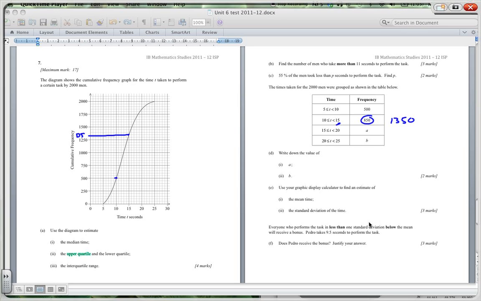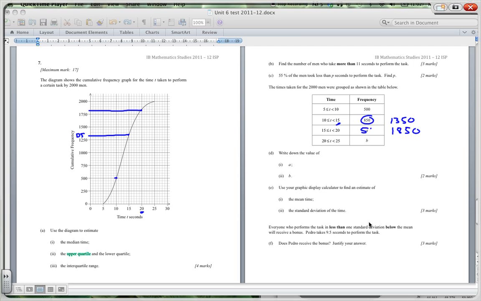Now, going up here to 20, where am I? I'm over here at 20. So I go across over there, and I see that I am at 1,850.